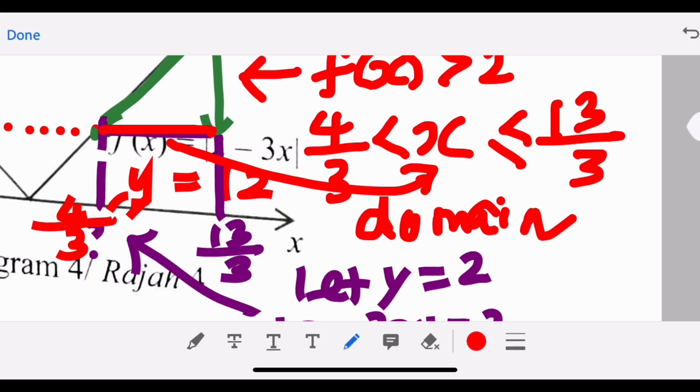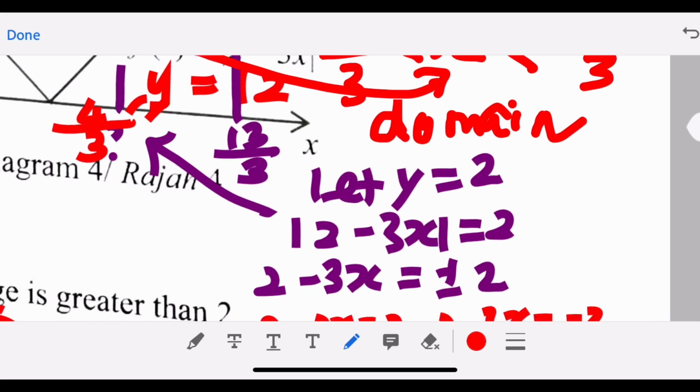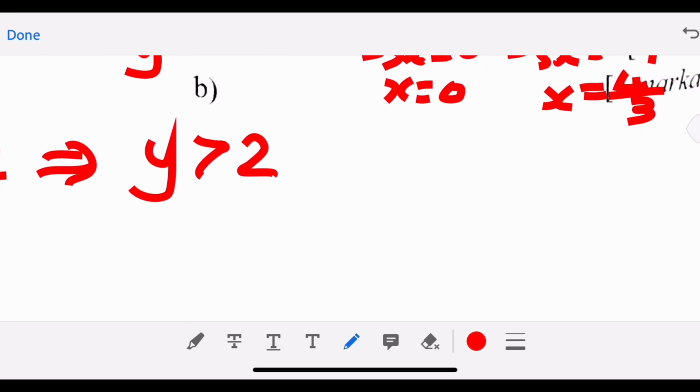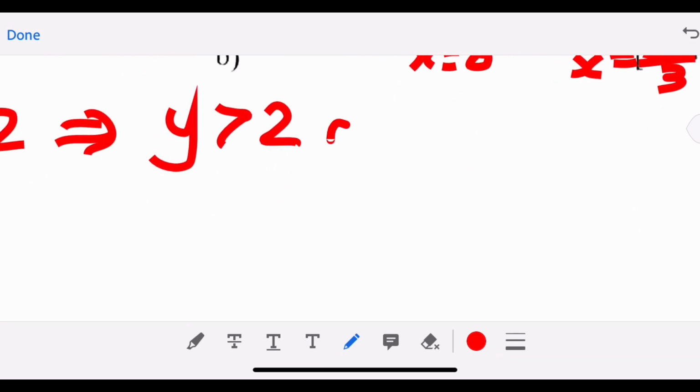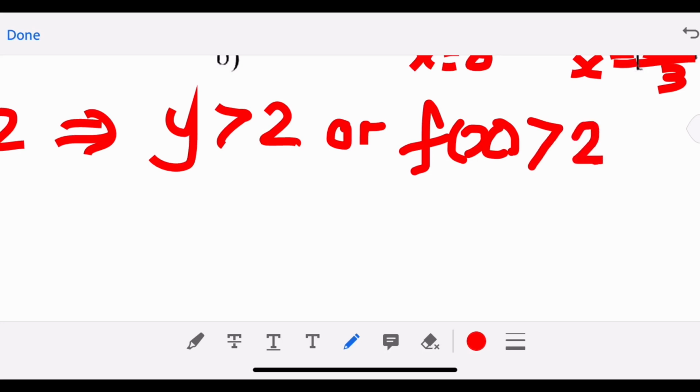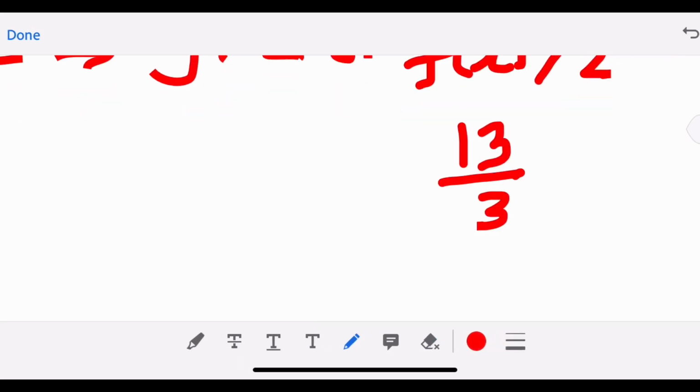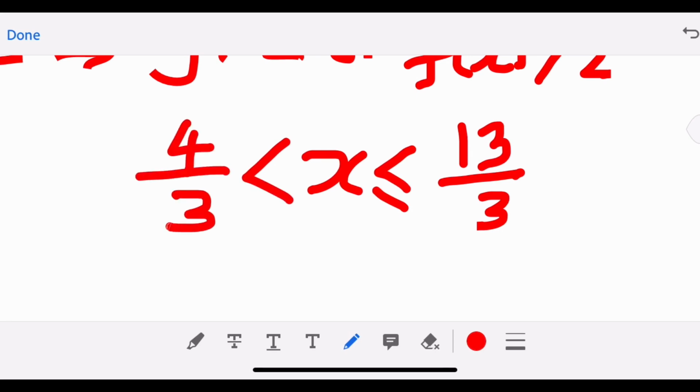Okay, are you clear? Many students wonder how to do this kind of question, because maybe you do not really understand the terms: domain is the range of the x, function means y, and range means y.